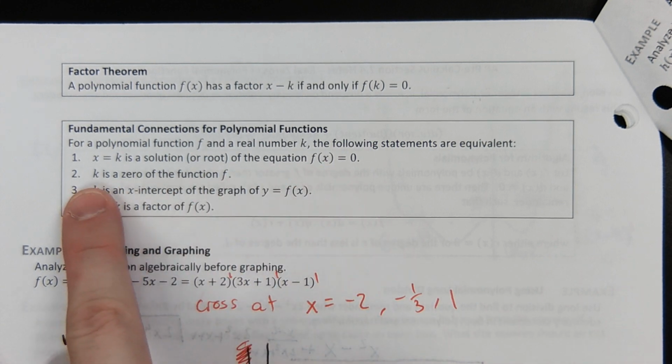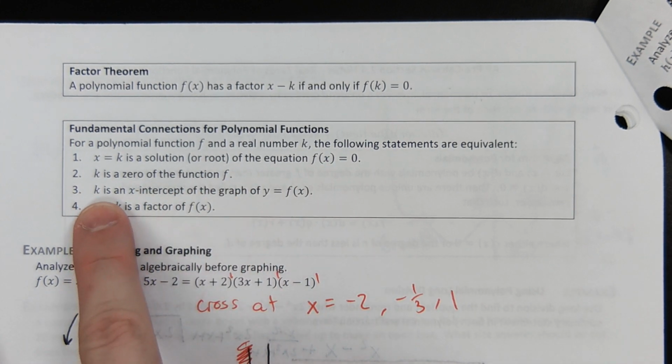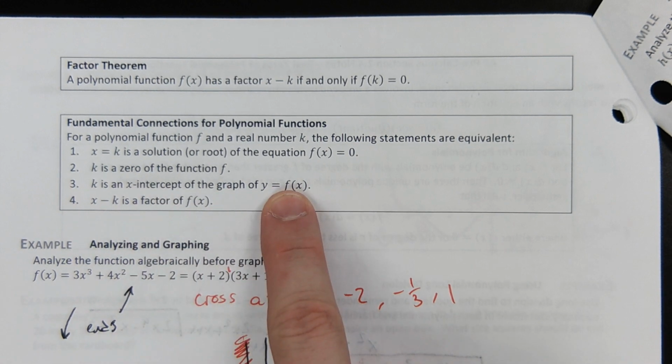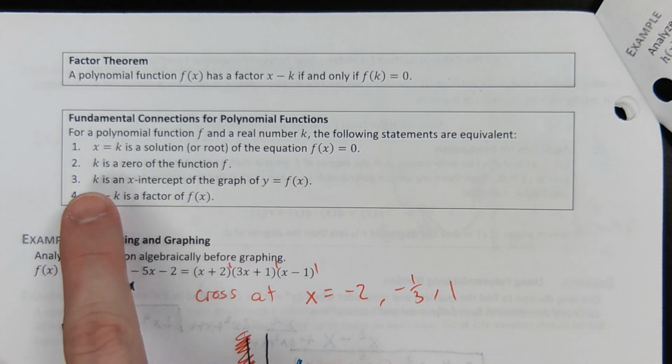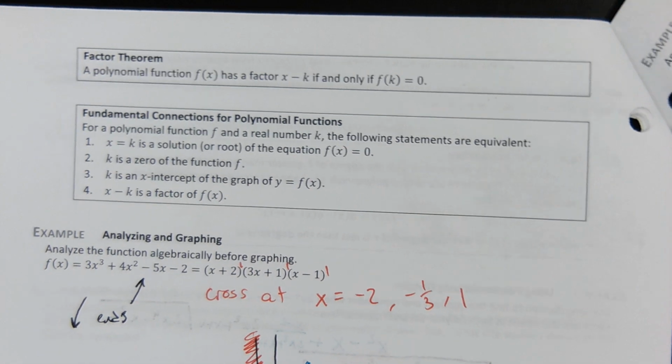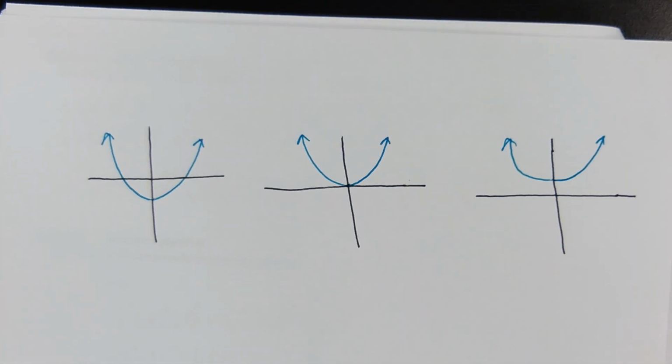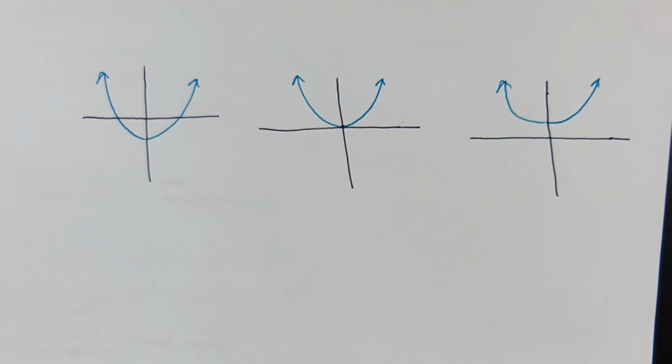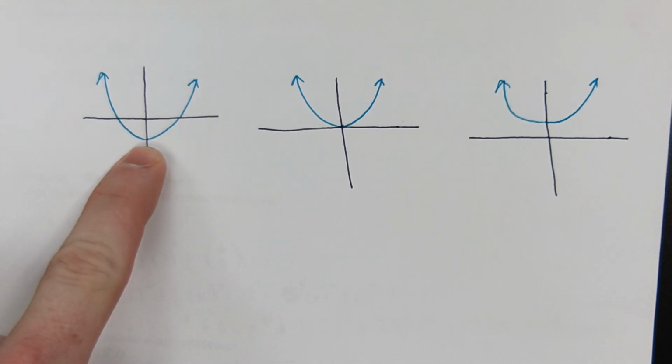That's the same thing as saying k is a zero of the function. That's the same thing as saying k is an x-intercept of the function. And that's the same thing as saying x minus k is a factor of the function. Cool? Okay. What we would say here is that this quadratic has 2 distinct solutions. Distinct means different.